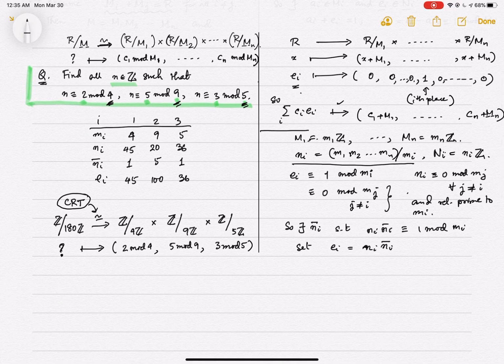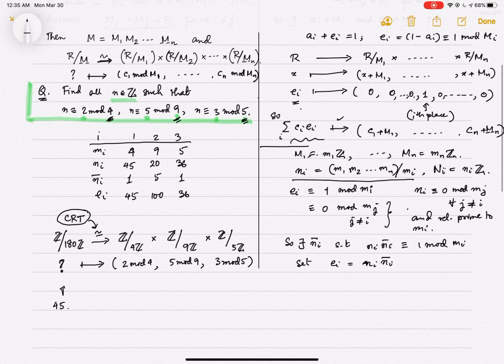So now I can say what goes here. So this thing, right? Summation c_i e_i, where our c_i's are these guys, c1, c2, c3.